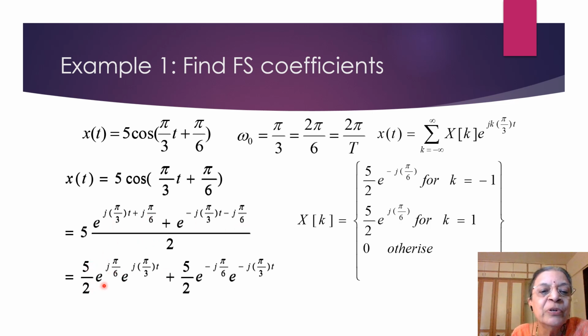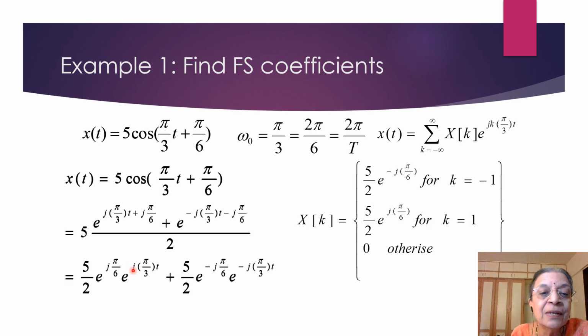So 5 by 2 e raised to j pi by 6, this is a constant that I have taken out, into e raised to j pi by 3 t. Similarly, it will be 5 by 2 e raised to minus j pi by 6 into e raised to minus j pi by 3 t.